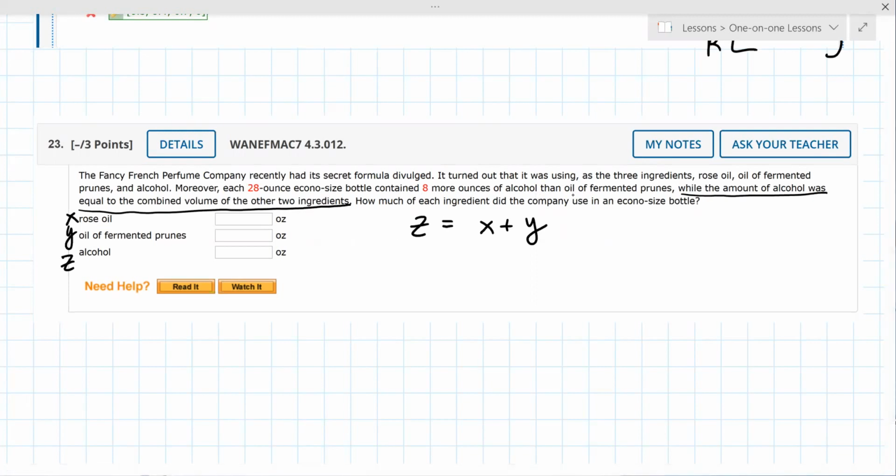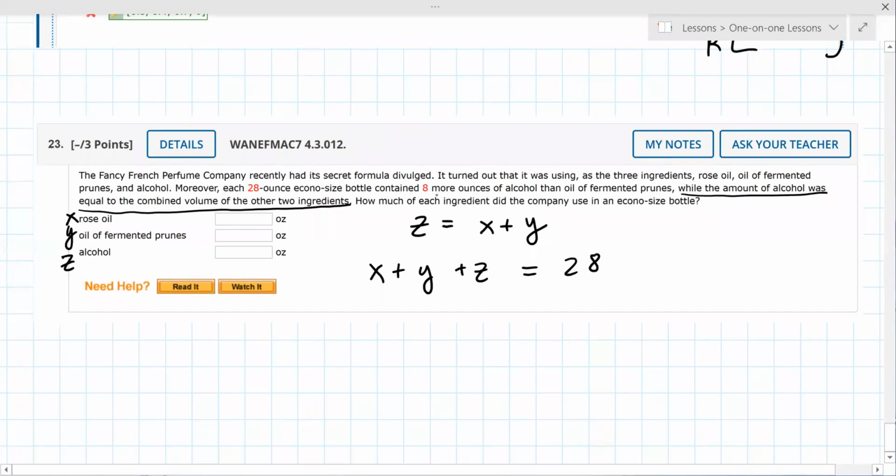Okay, so here I think what this means is that X plus Y plus Z equals 28, but we know that 8 more ounces of alcohol than oil of fermented prunes. So we know that Z is equal to 8 plus Y.